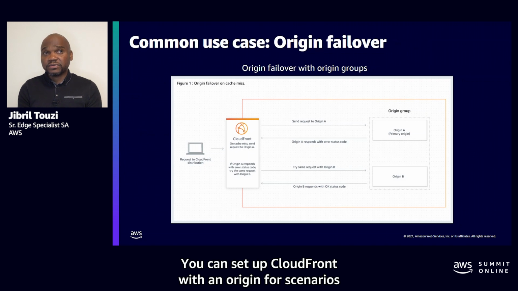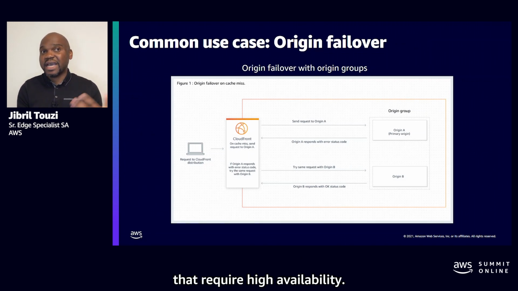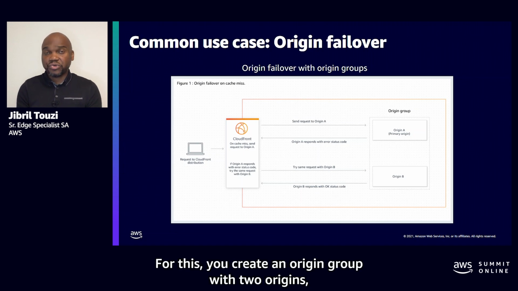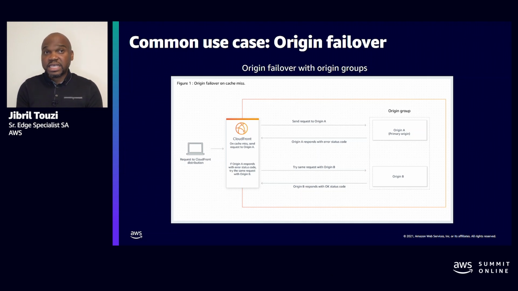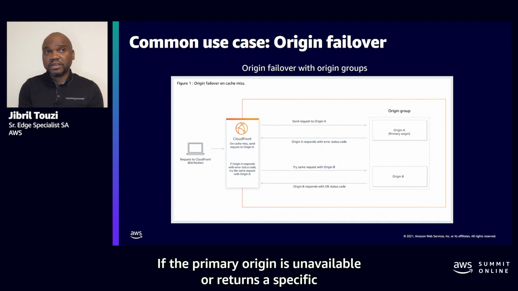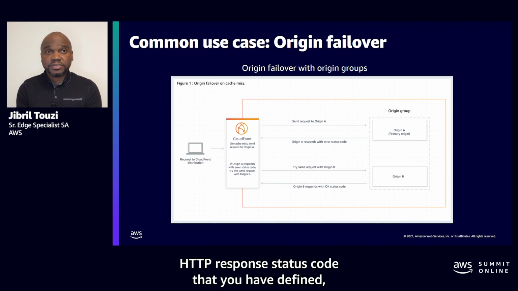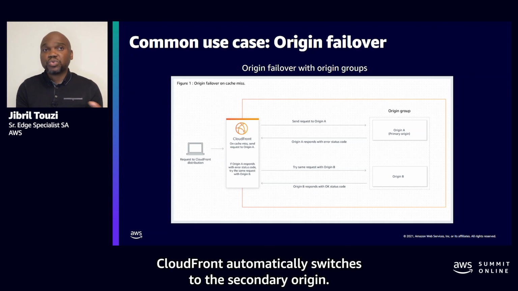Other use cases include origin failover. You can set up CloudFront with an origin for scenarios that require high availability. For this, you create an origin group with two origins, a primary and a secondary origin. If the primary origin is unavailable or returns a specific HTTP response status code that you have defined, CloudFront automatically switches to the secondary origin.